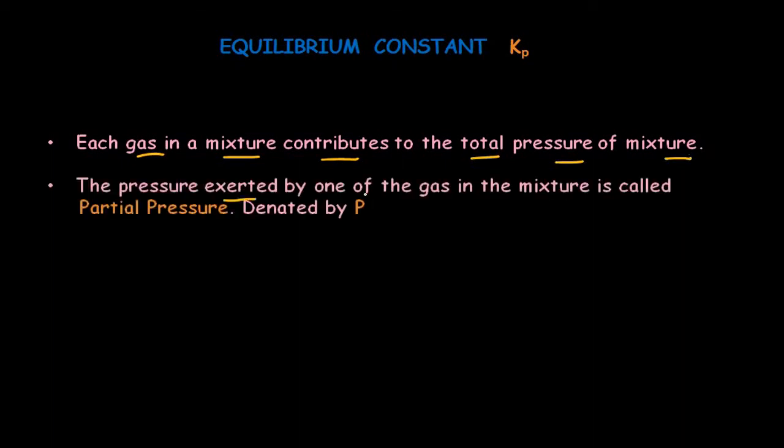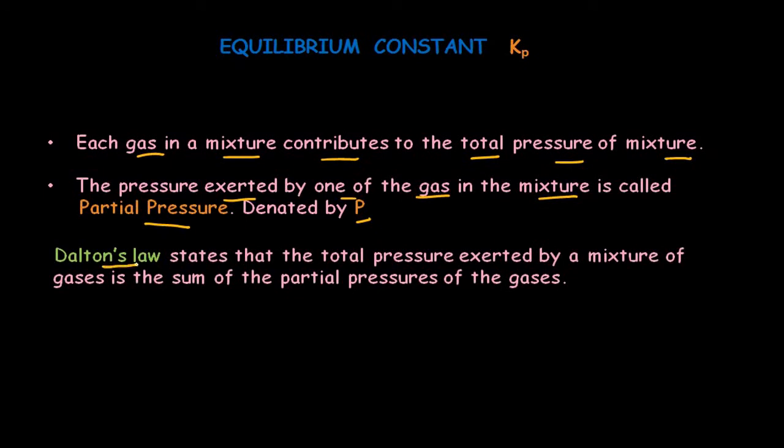The pressure exerted by one of the gases in the mixture is called partial pressure, which is denoted by the symbol P. Now here comes Dalton's law, which states that the total pressure exerted by a mixture of gases in a reaction is the sum of the partial pressures of the gases. That is, when you consider the total pressure, we have to take the sum of all the partial pressures applied by the gases in the reaction mixture, which can be expressed as shown here.